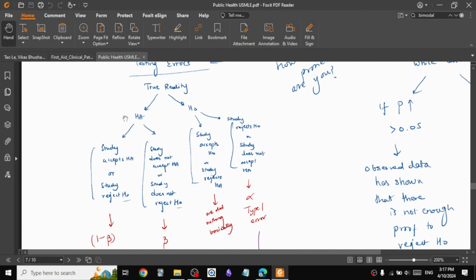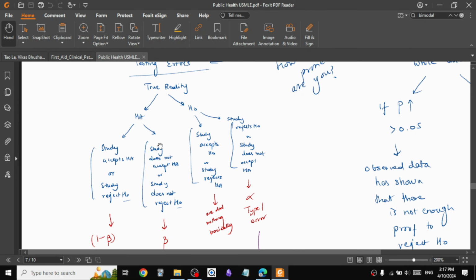That means I have basically confirmed what I was given. So read that again. Study accepts alternate hypothesis. Good, because our reality is HA. Study rejects H naught. That is also good. Because you have rejected H naught, that means automatically you have proved that HA exists. So this is a good job. We need this.